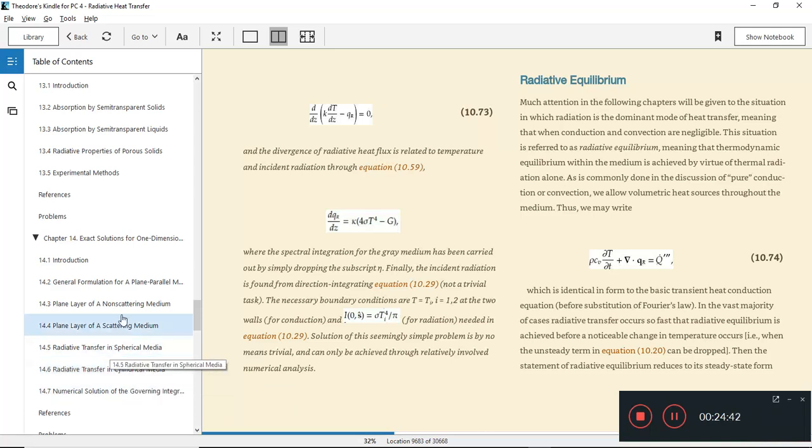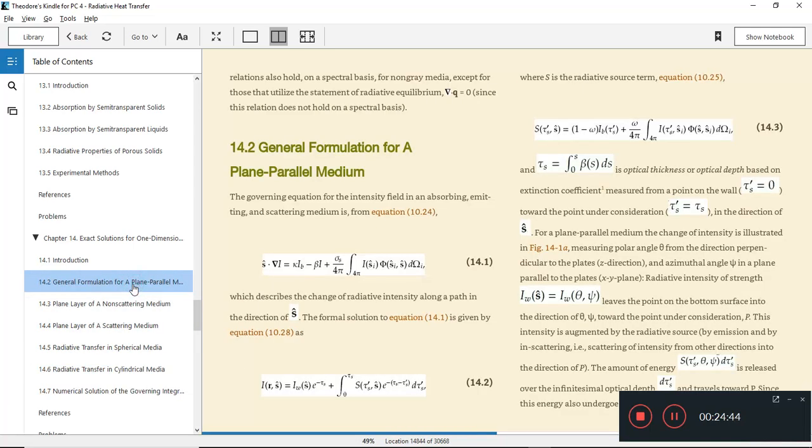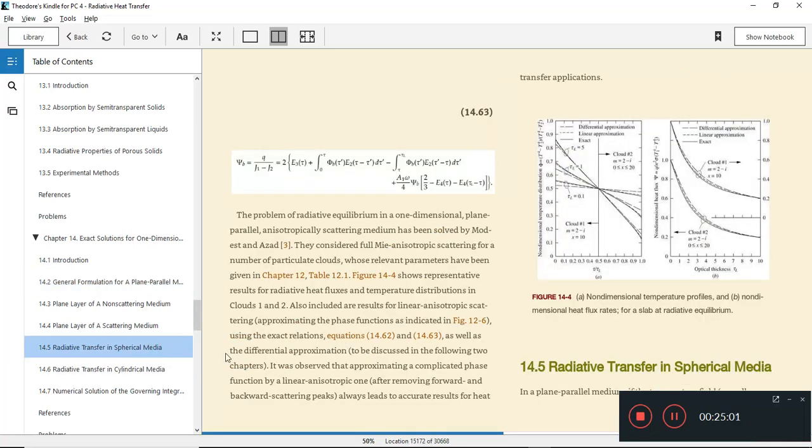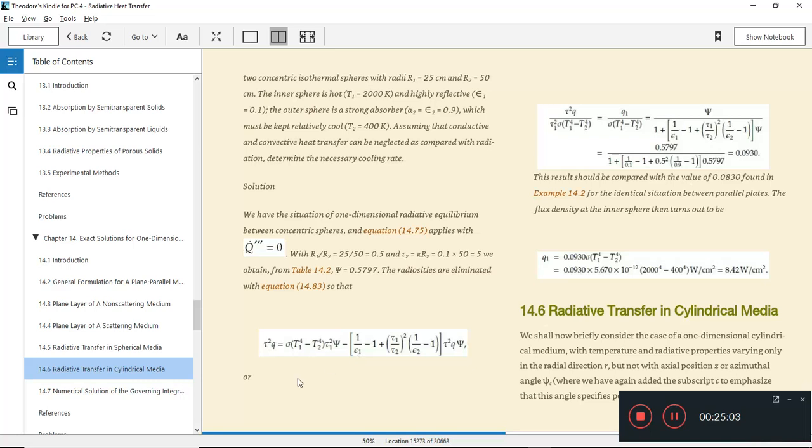The basic idea is we need to consider a 1D case, that means a plane case, in Cartesian coordinates. We can also use spherical or cylindrical mediums. That's a lot more challenging even for 1D, but that's what we want to talk about in the coming videos.